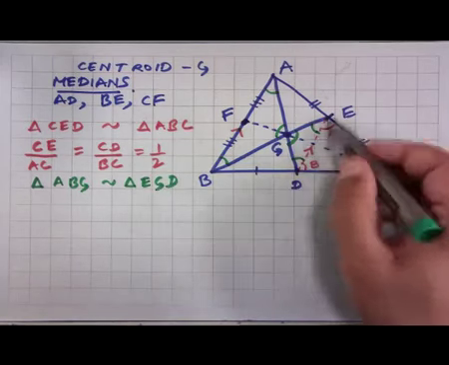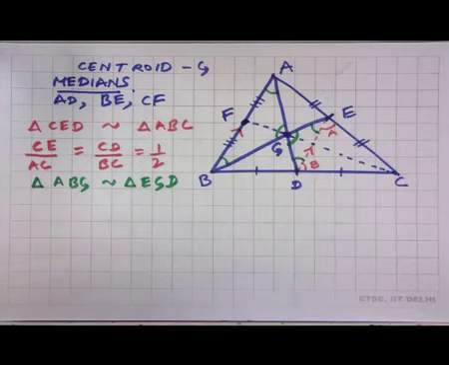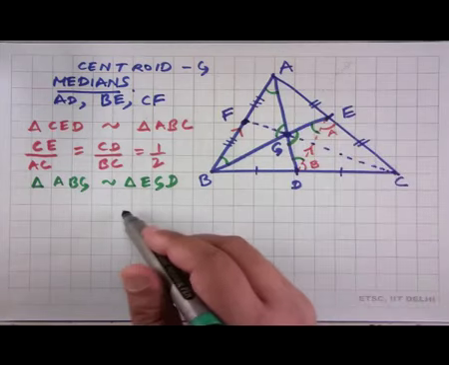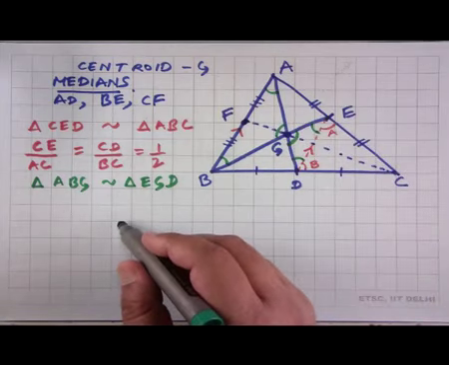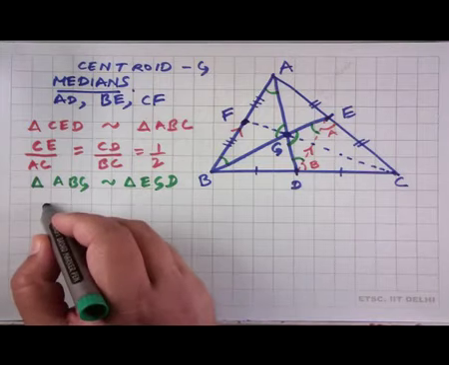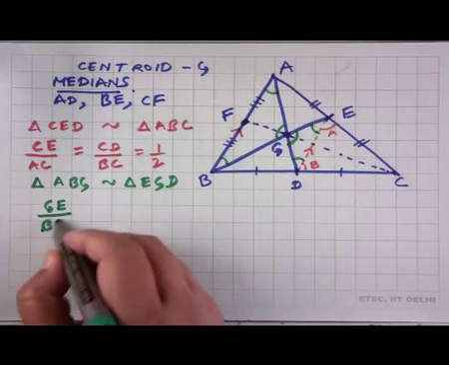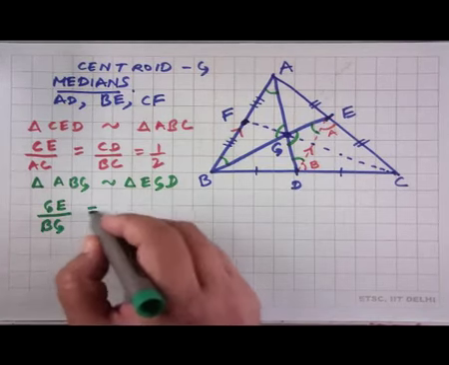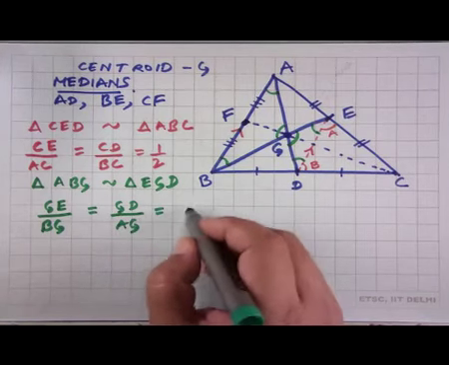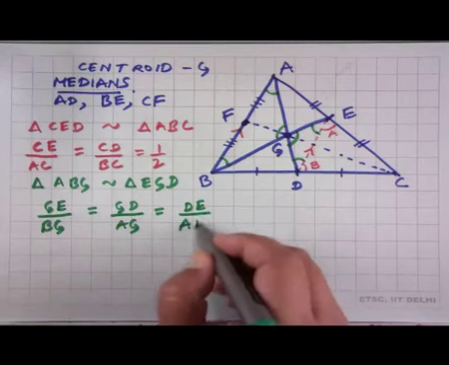So, for these two triangles, the three angles are exactly the same, and therefore, these two triangles are similar, and from there it follows that the ratio of GE to BG is equal to the ratio of GD to AG is equal to the ratio of DE over AB.